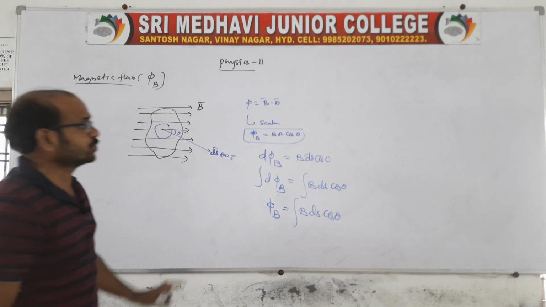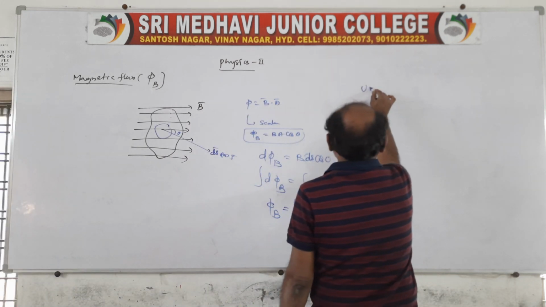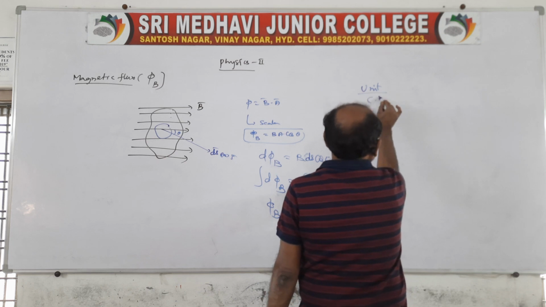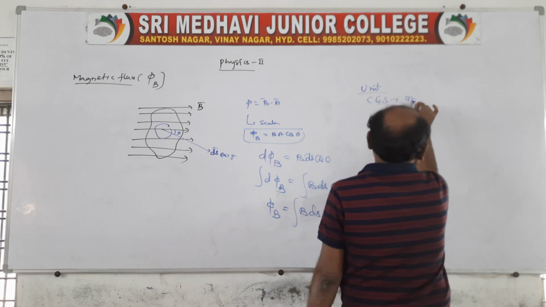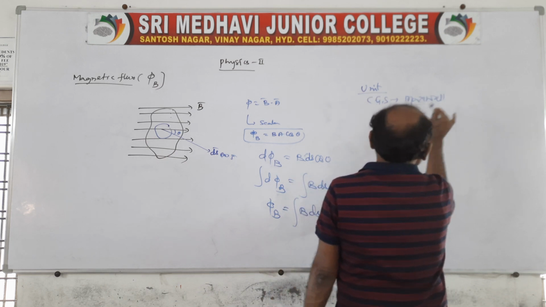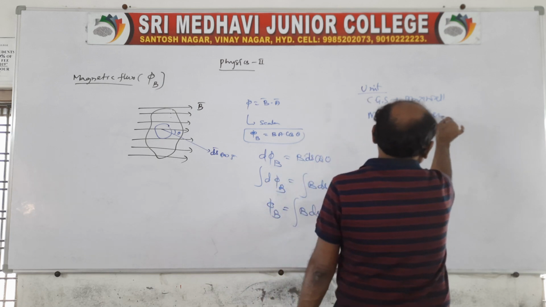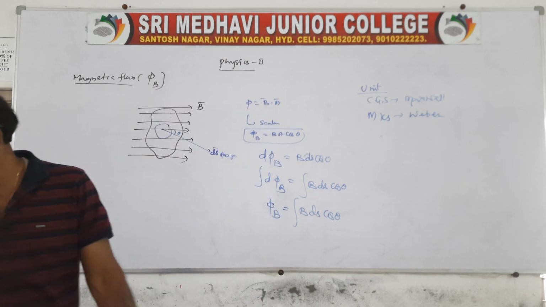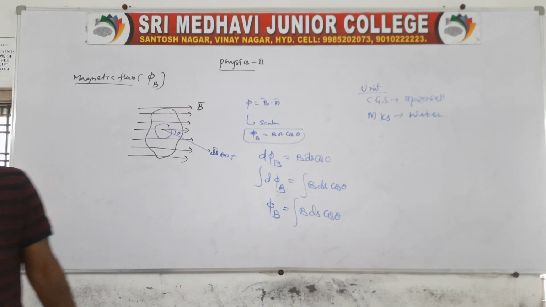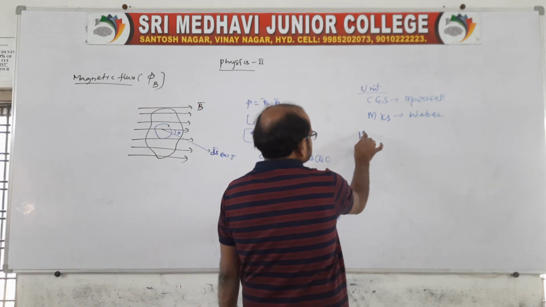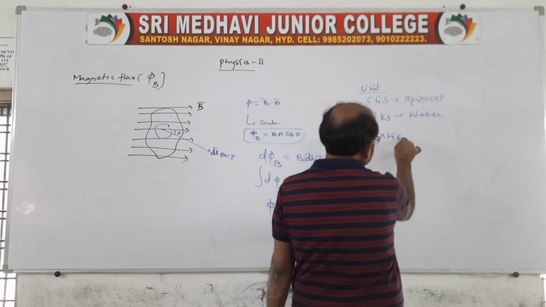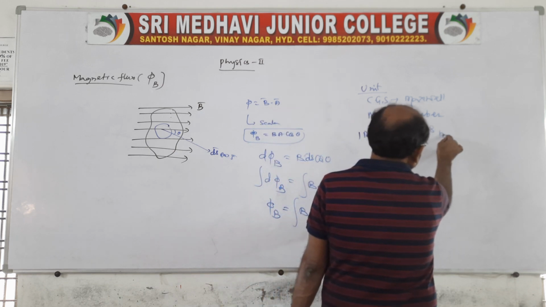The units of magnetic flux are the Maxwell in the CGS system and the Weber in MKS. Units are very, very important. One Maxwell is equal to 10 power minus 8 Weber.